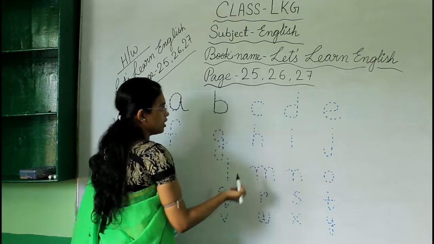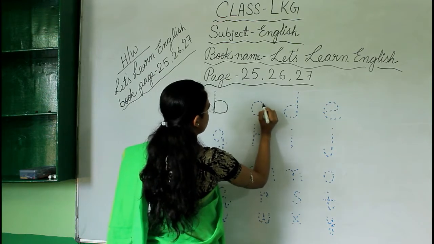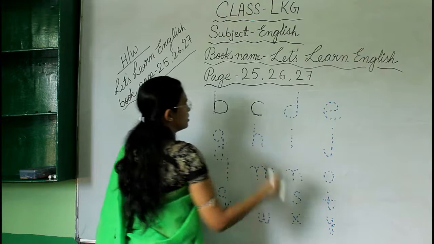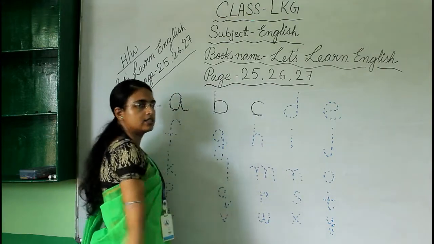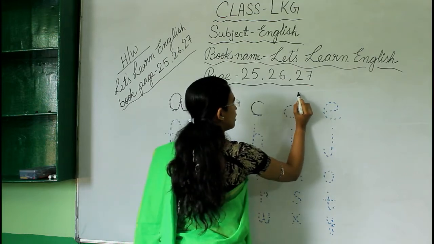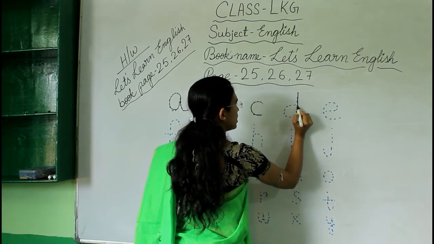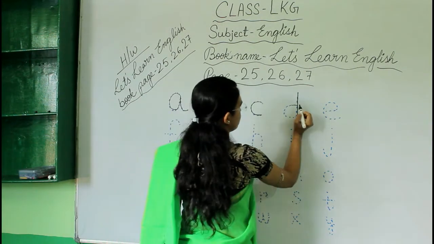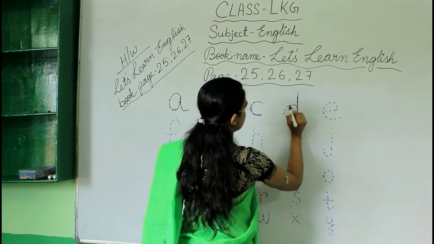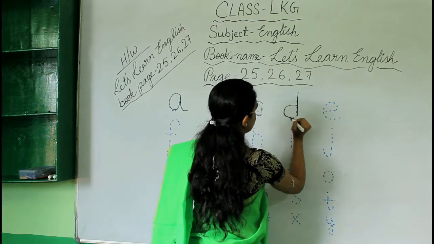For C, what you have to do? Yes, you have to draw a curved line like this. This is small letter C. And for small letter D, what you have to do? First you have to draw a straight line, and then you have to draw a curved line like this.